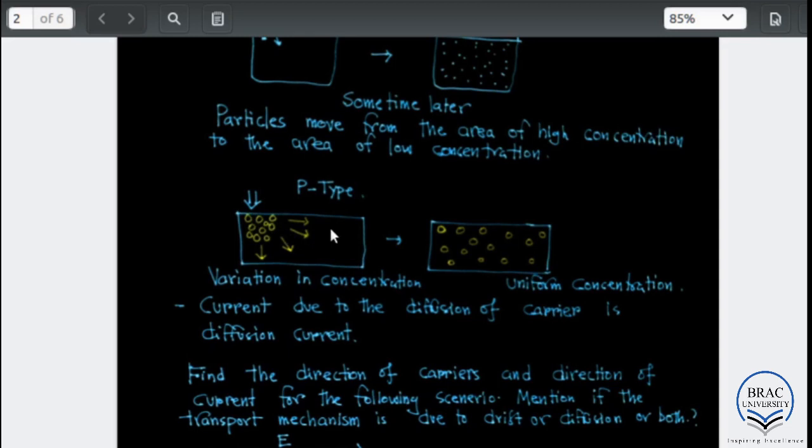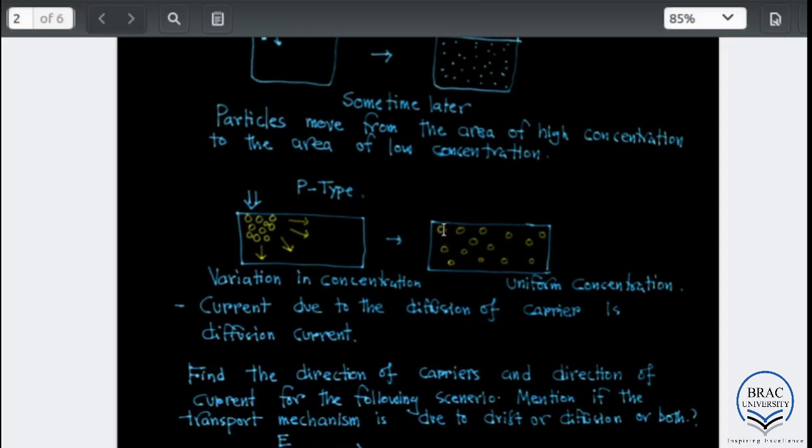Since there is a variation in concentration, according to the rule of diffusion, particles will move from the high concentration area to the low concentration area. For how long? As long as the concentration isn't uniform. So at steady state, we are going to find the concentration of holes all over the p-type material is uniform. The same concentration will be maintained.